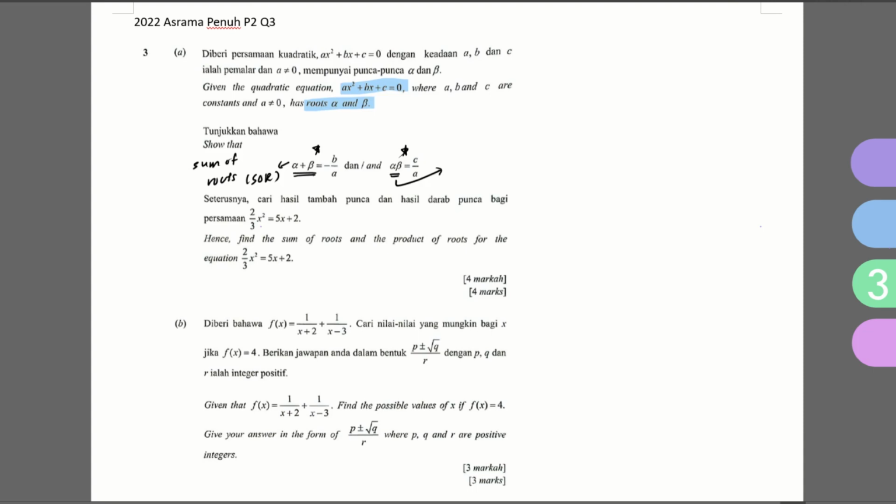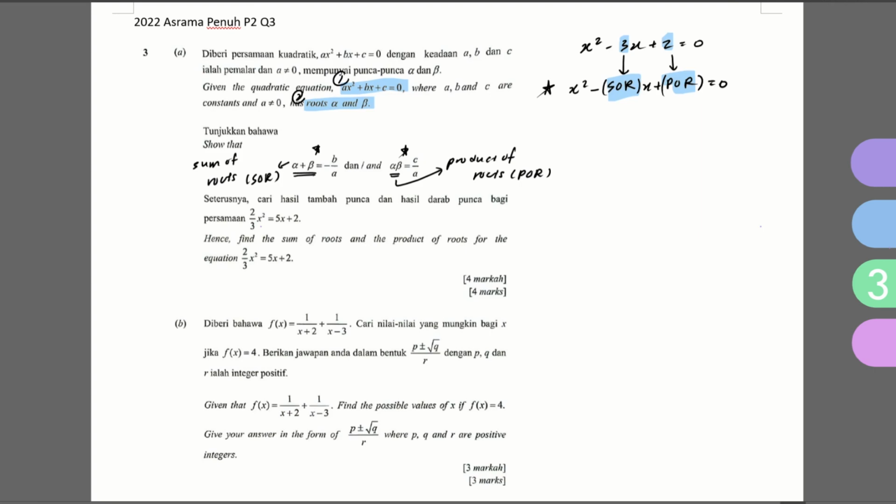Here is also the same. So this is actually our POR, or product of roots. If let's say there is this equation, this would be our SOR and this would be our POR. By using this concept, we can use these two separate pieces of information to find the SOR and the POR.